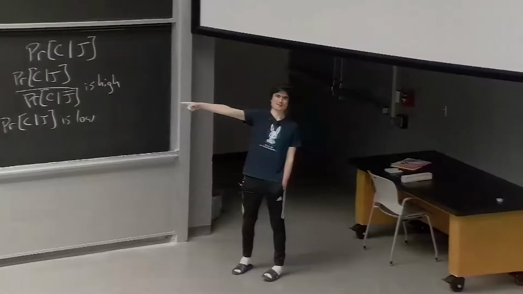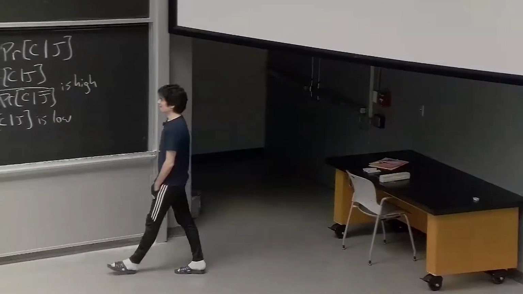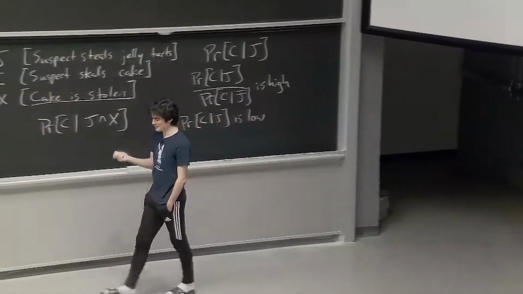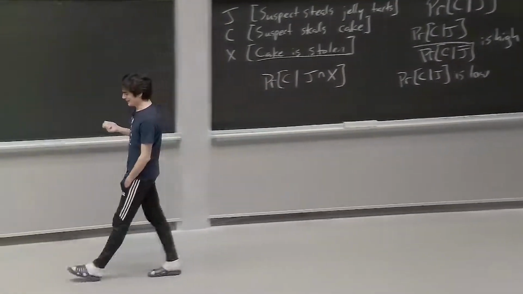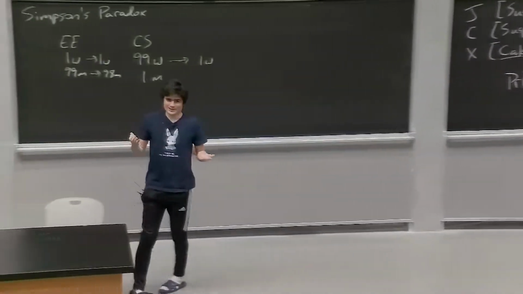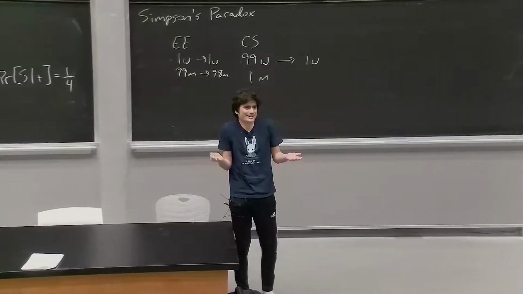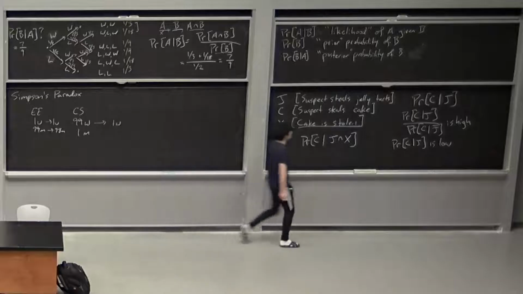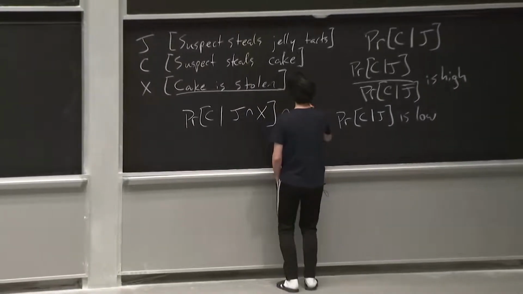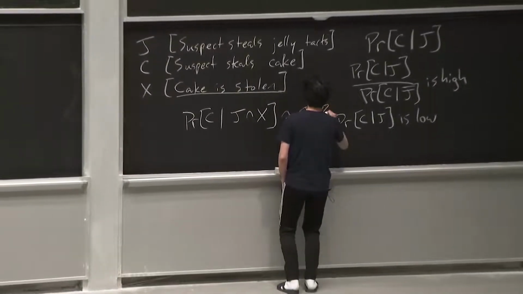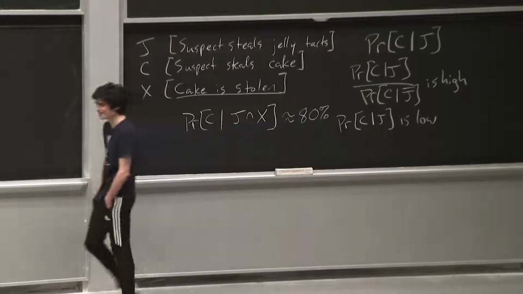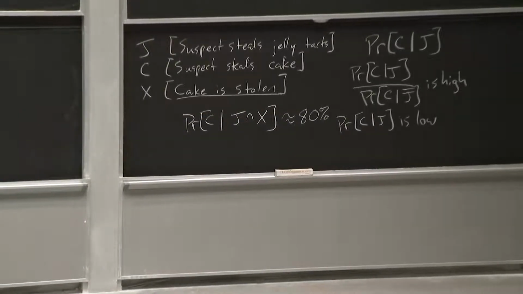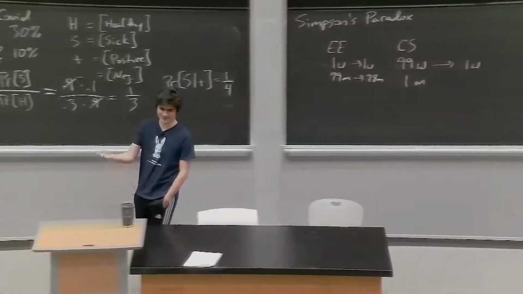So that's what we really care about, right? The fact that the cake is stolen is really important, right? If you don't know whether the cake is stolen, why are you even having a trial? And as it turns out, this probability is something like 80%. Jelly tart thieves found in bakeries with missing cakes, usually they're the guilty party.